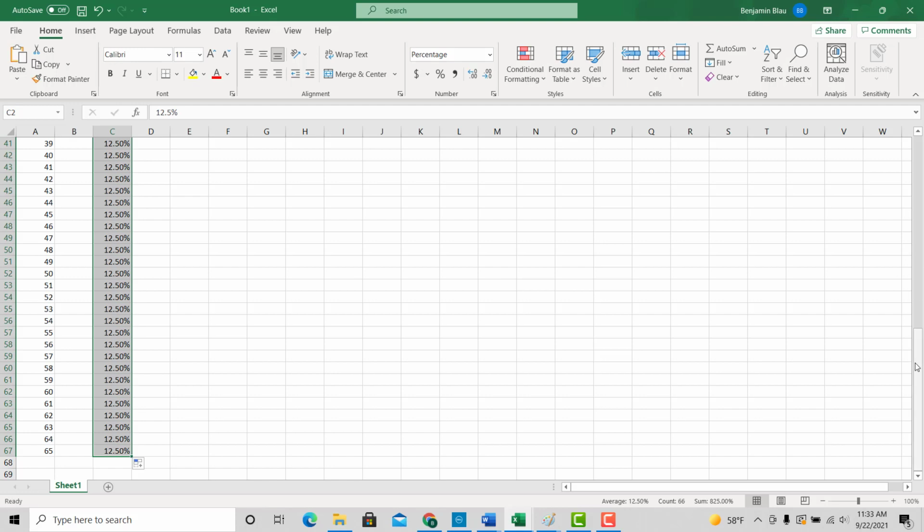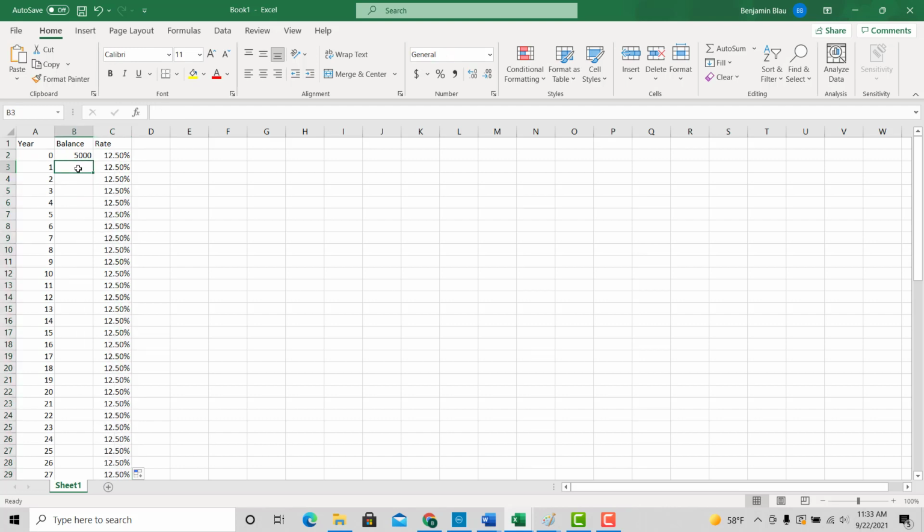Then we're going to figure out what the balance is going to be in each year. The way I'm going to do that, and follow this formula here, I'm going to take the balance from the previous year and multiply it by 12.5%. This is going to tell me the interest that I'm going to get from the $5,000.